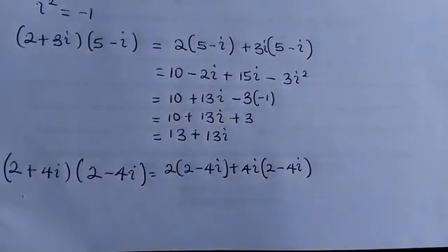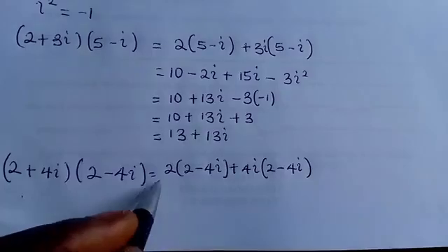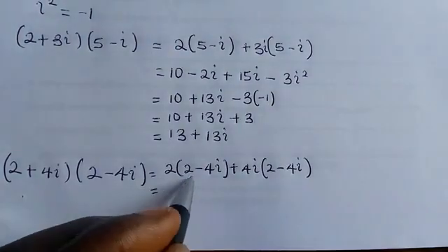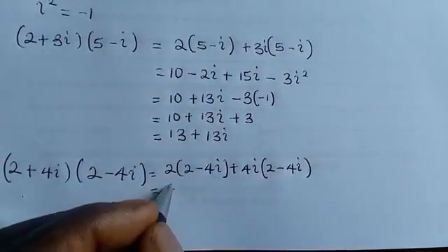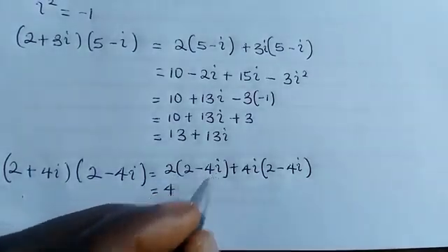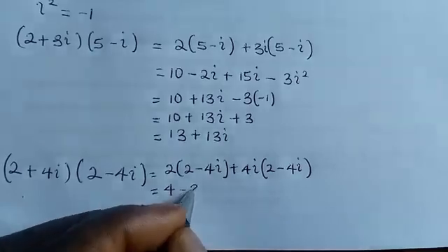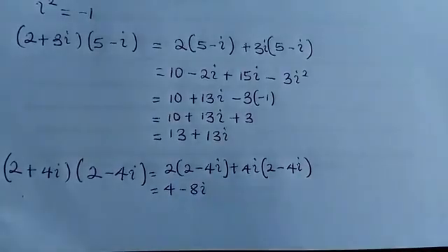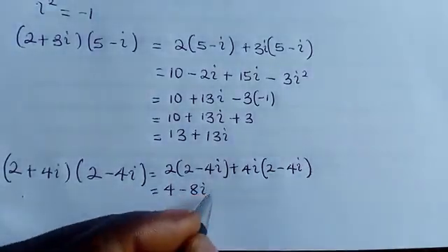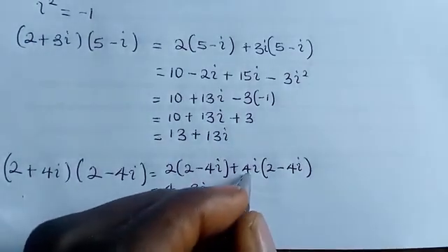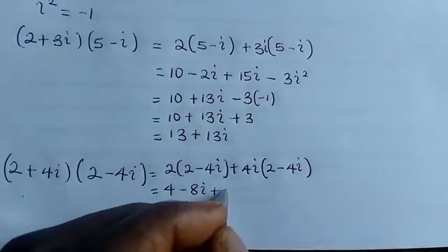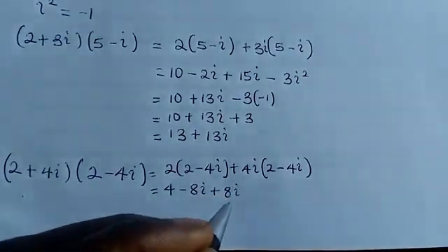Right? And this is equal to 2 multiply 2, we have 4. 2 multiply minus 4i, we are going to have minus 8i. Then we come to this place, plus 4i times 2, we are going to have plus 8i.